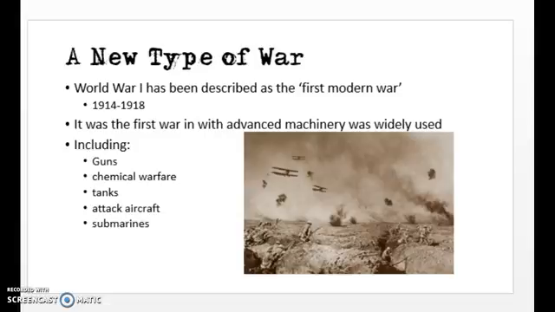As you can see in this picture, there are planes. Not only are planes used, but things like zeppelins and balloons are used to drop shells or bombs on the other side. And for the very first time, we have submarines, or what the Germans call U-boats. All these things change the type of war and how war is fought, so that is going to have a huge impact.